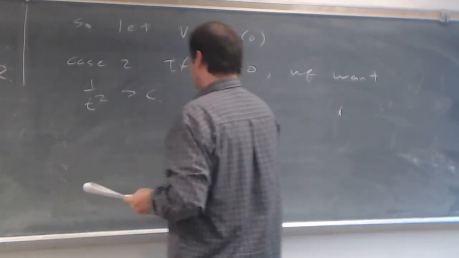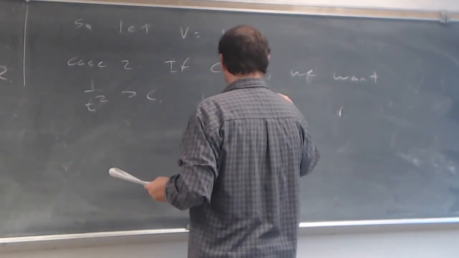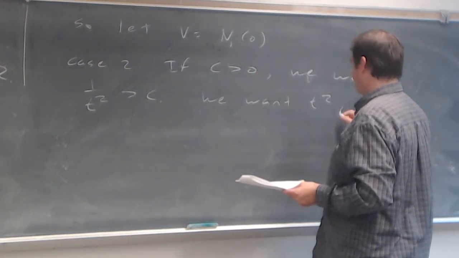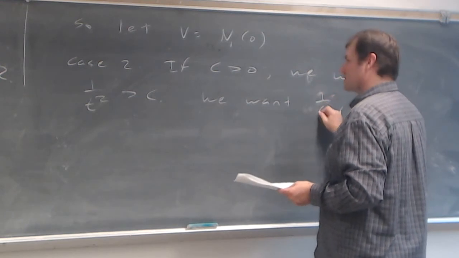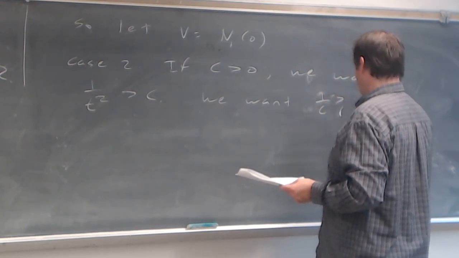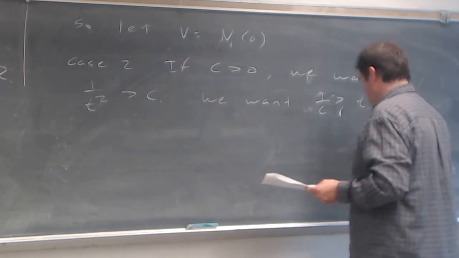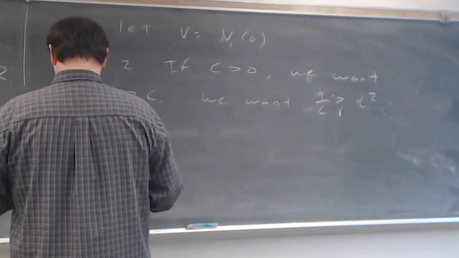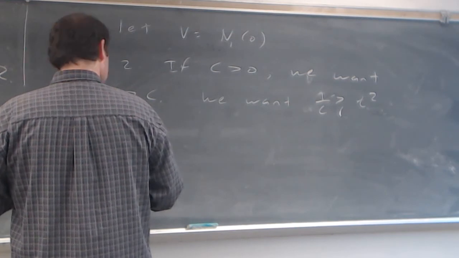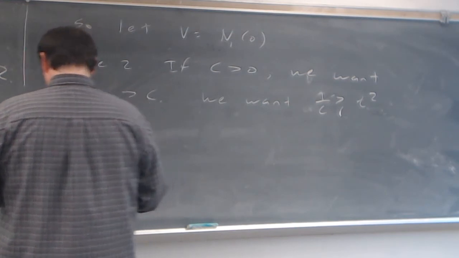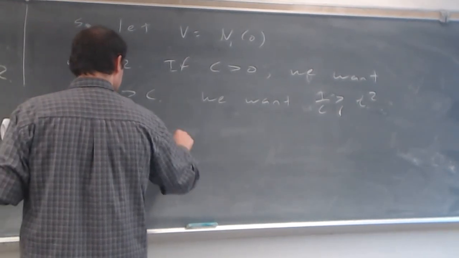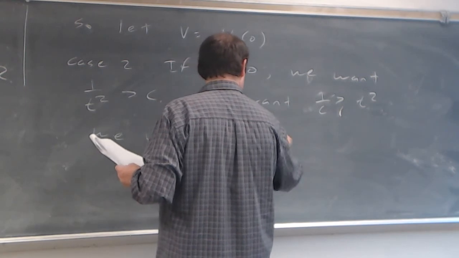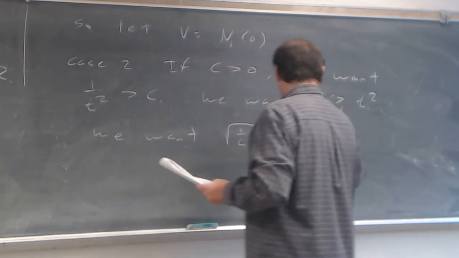So trying to solve for t here, we want, let's see, 1 over c to be greater than t squared. So we want that the square root of 1 over c to be greater than the square root of t squared.